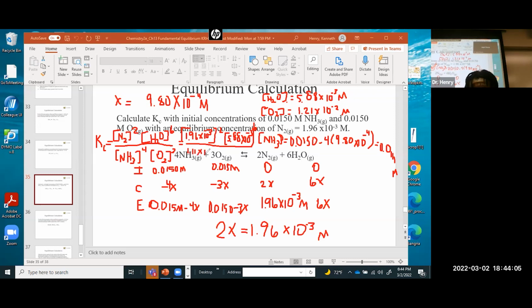Times 10 to the negative 2, and that's to the 4th power. And then we have the oxygen, which is 1.21 times 10 to the 2nd power, and that's going to be cubed.